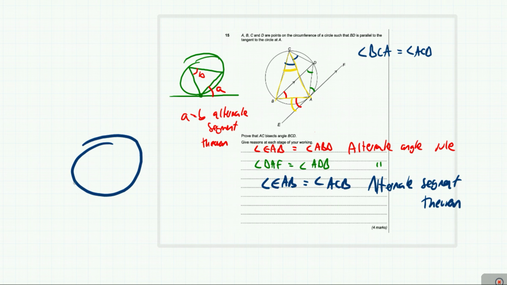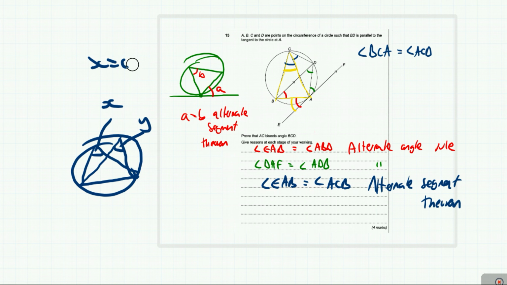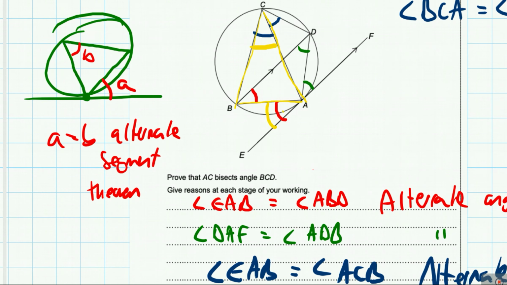So if we go through the angles in the same segment rule, if you have a chord and you have two lines that go off that chord, those angles are going to be equal. So x and y, x will equal y. What I'm looking at now is this angle here, because I know that it's equal to the yellow one, and the red and the red are equal to each other, and that's equal to this one here.